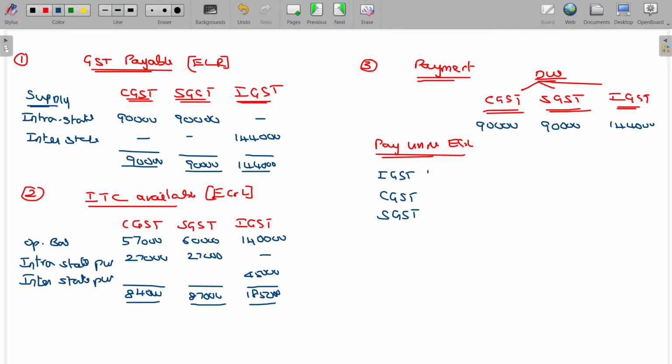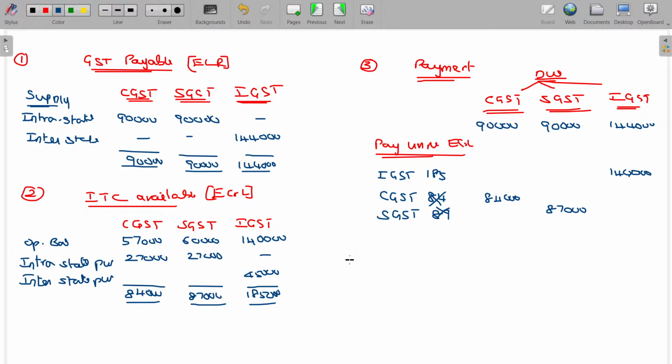How much do we have? 84,000, 87,000, 1,85,000. What is the first order? Those will be payable to the respective tax first of all. CGST 84 can be used for payment of CGST. SGST can be used for payment of SGST. IGST 185, of which 144 will be payable for IGST.